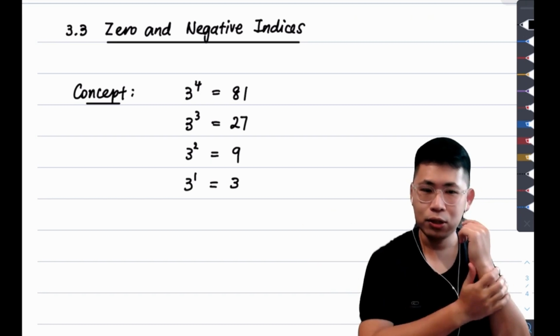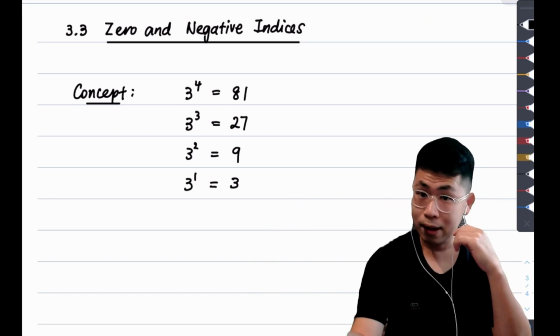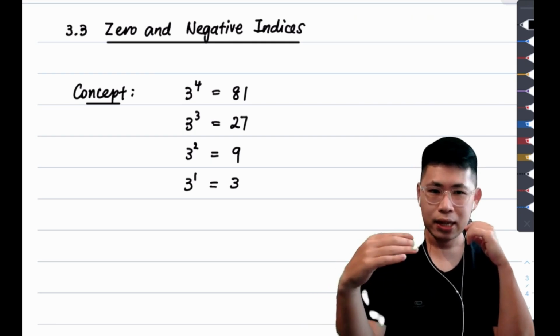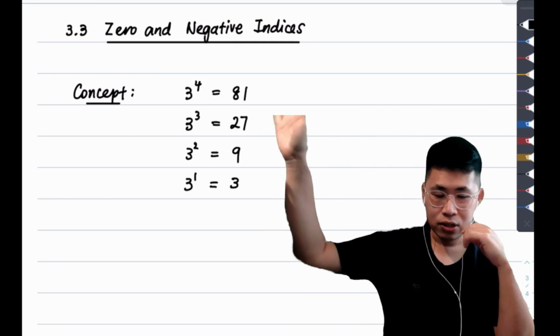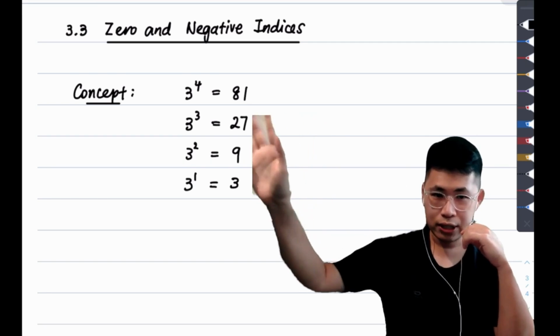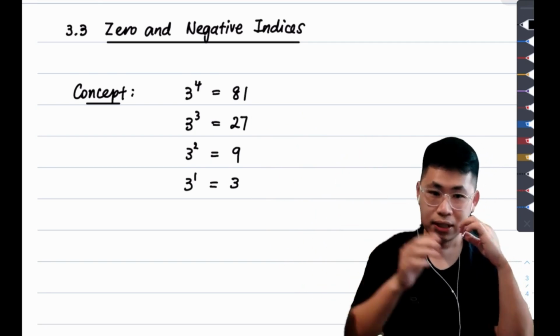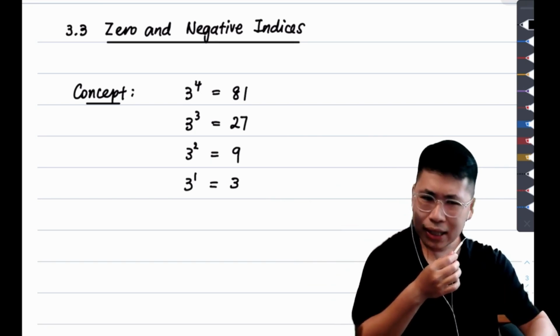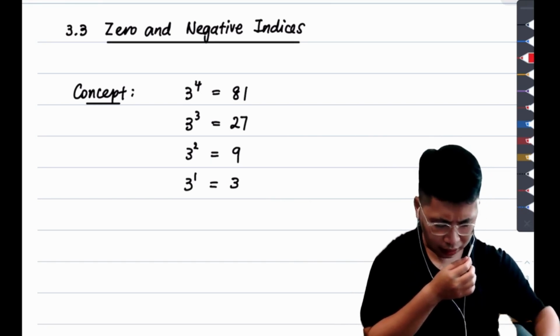And now back to this one over here. We have a list of numbers from 3 power 4 to 3 power 1. As you can see down the list, the powers decrease from 4 to 3 to 2 to 1, and we have 81, 27, 9, and 3. So what is the trend along these numbers?